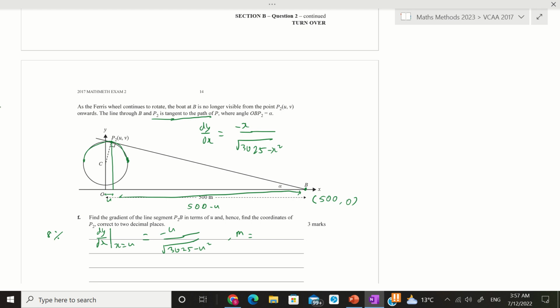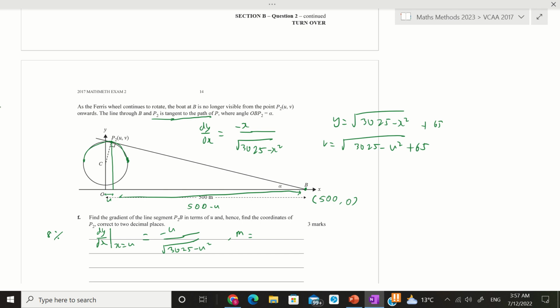So we know that the path, or I guess the equation of this path, is given by y is equal to square root of 3025 minus x squared plus 65. Therefore, if I sub in u, that means v must be square root of 3025 minus u squared plus 65.